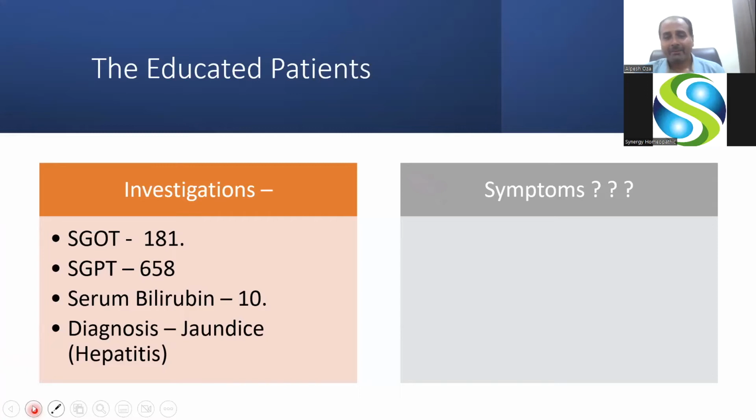He is very educated. He is a software engineer or something like that. And he shared just the reports, and he told that, doctor, I am having jaundice. Please give me some medicine. Now, patients usually land up after doing lot of Google and Practo and all these self-help websites. So we have sometimes very less symptoms to prescribe upon.